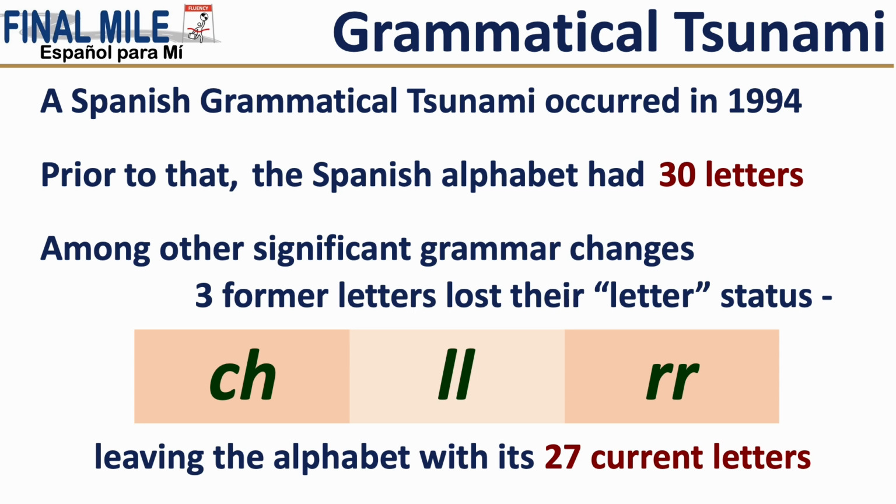So we couldn't process these as 2 separate letters. So it required special algorithms. For that reason, they decided, okay, no more. These are not going to be considered letters.